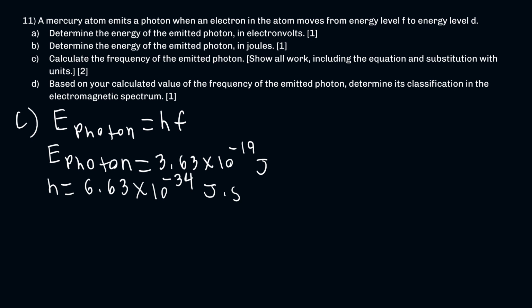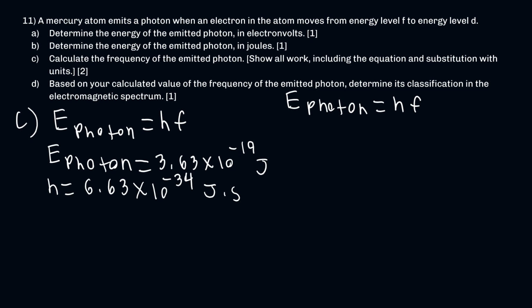All right, so with this, what I'm going to do with my equation here is do the algebra first and then end up with plugging in my numbers, because that will get me the points for the Regents. So I have here energy of a photon is going to be equal to h times f. I want my frequency of this photon. Frequency is attached to Planck's constant by multiplication.